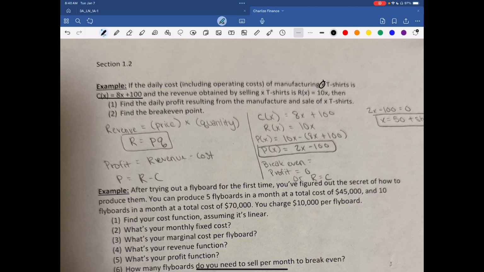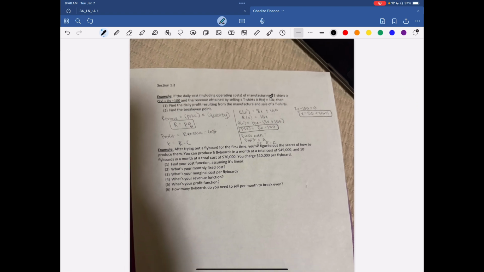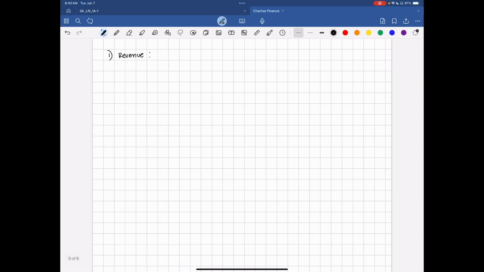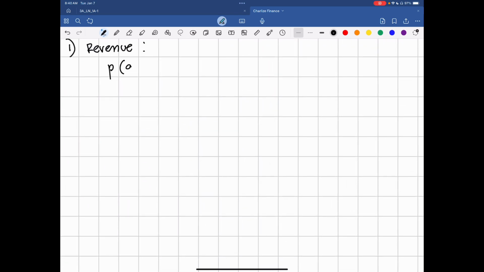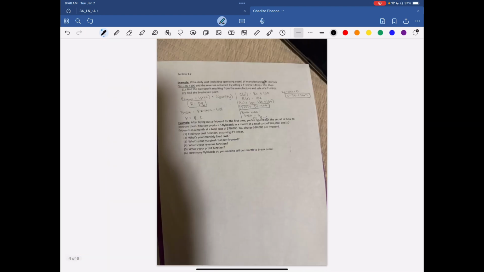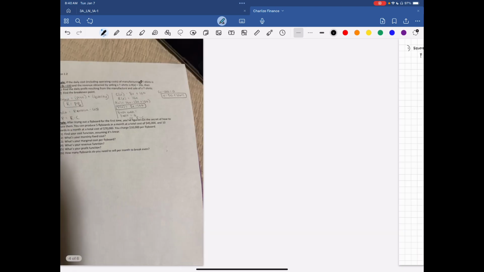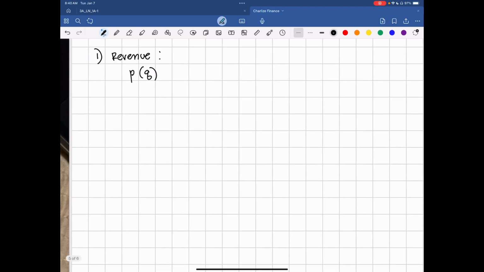But yeah, so find the daily profit resulting from the manufacturing and sale of x t-shirts. So you would start by representing the revenue as P times Q. And then after that, you do P times Q minus, and then actually I'll do it this way.